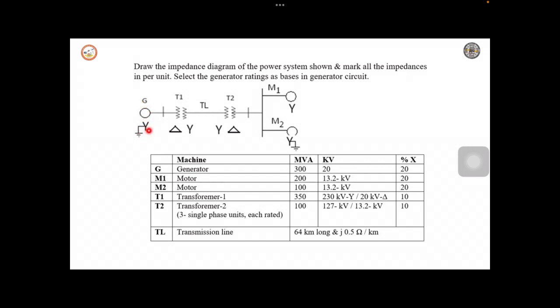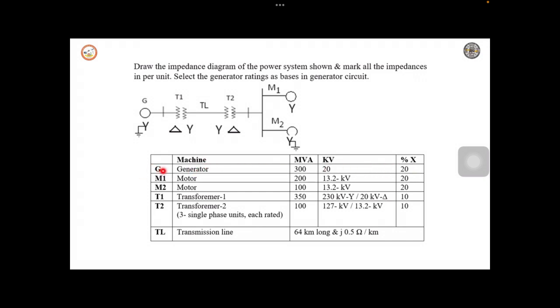Example, the generator is connected in star fashion, neutral is grounded. If you consider transformer 1, primary is delta and secondary is star. Like this, all the winding connections of the individual components are given, and also the rating of each individual machine is given.